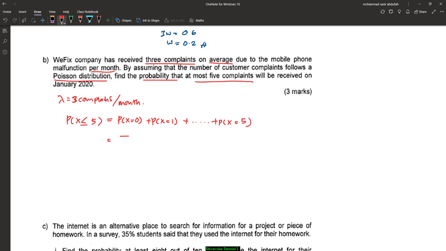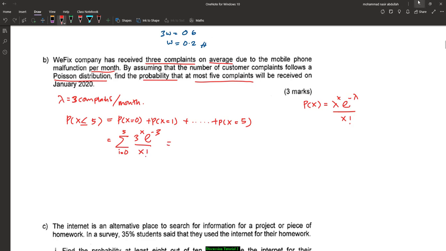So this is the summation of i from 0 until 5, and the probability function for Poisson is lambda power of x exponential negative lambda divided by x factorial, right? So this one should be 3 power of x exponential negative 3 divided by x factorial.